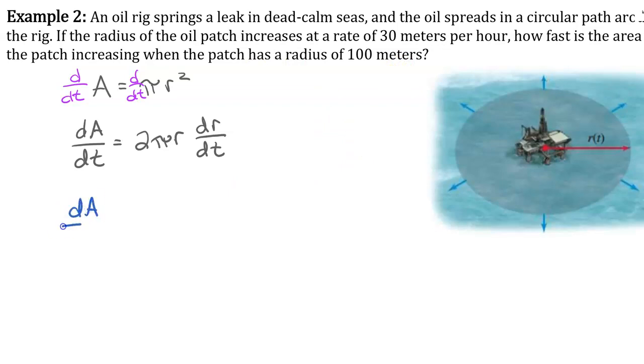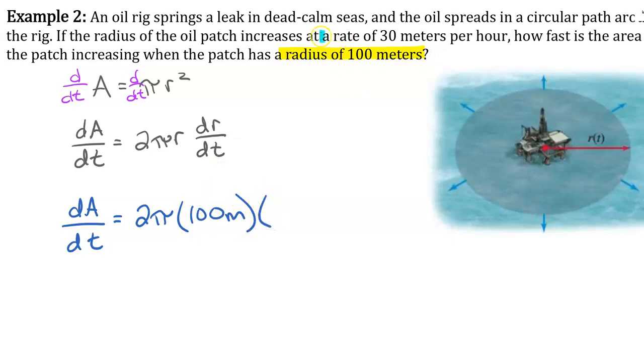So how fast is the area changing? Well, that's dA/dt that we're looking for. So then 2 pi times the radius. Well, the radius they told me is 100 meters.